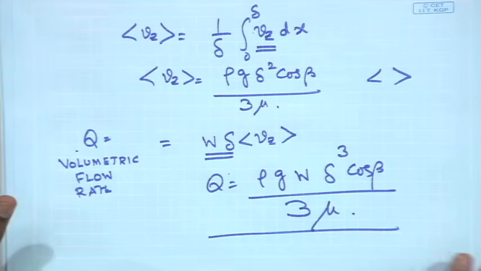So, you can see that starting with a very fundamental concept, that rate of momentum in minus rate of momentum out plus sum of all forces acting on the system at steady state must be equal to 0. When you use that concept and define a control volume, the smaller size would be denoted by the direction in which the flow is changing. In this case, flow is changing with the x direction. So, therefore, you have delta x as one of the dimensions of the control volume, and you write that.